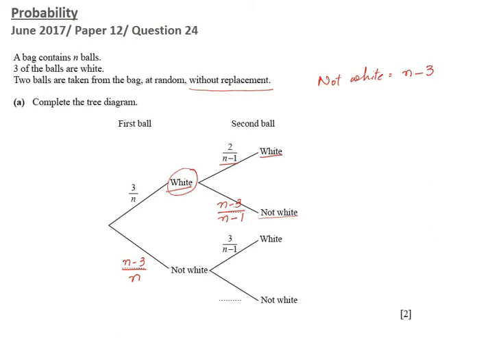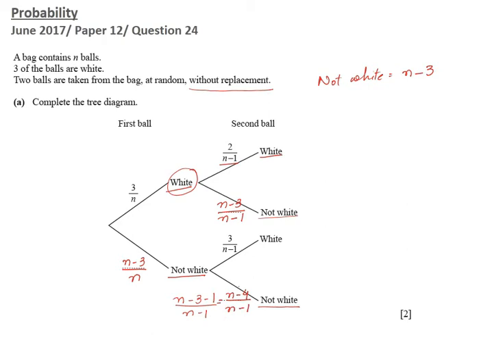Now, if the first ball is not white and the second ball is also not white, then what will we do? We will reduce both numerator and denominator. So here we will have n minus 3 minus 1 upon n minus 1. Now when we simplify this, it will be n minus 4 upon n minus 1.